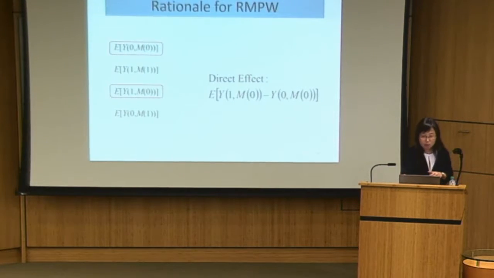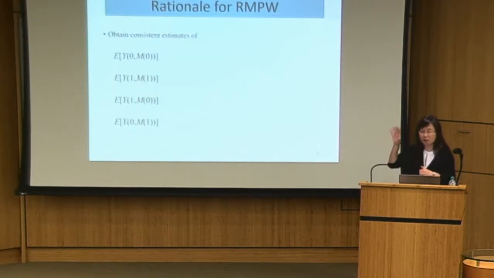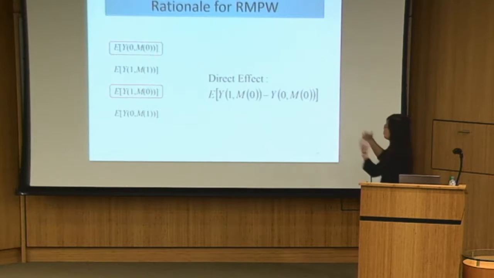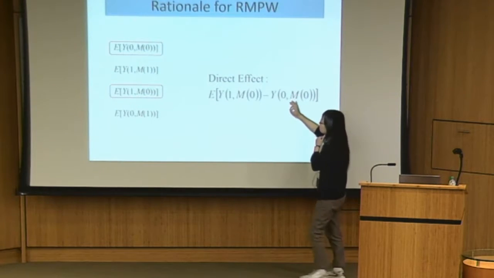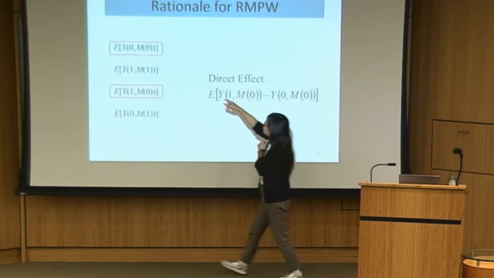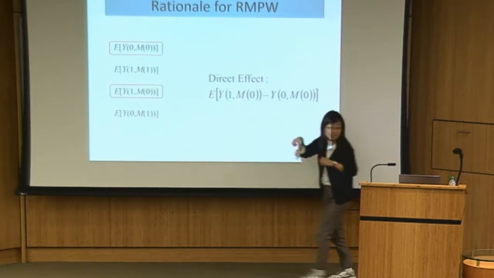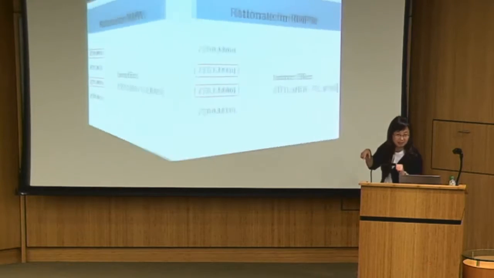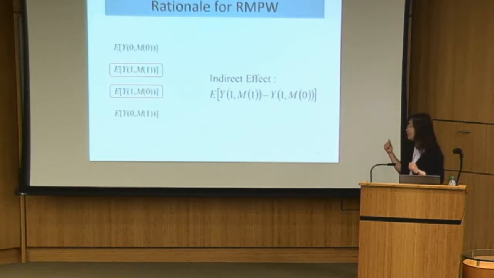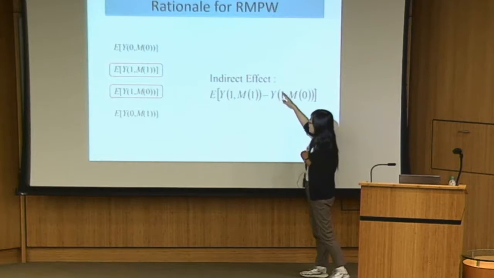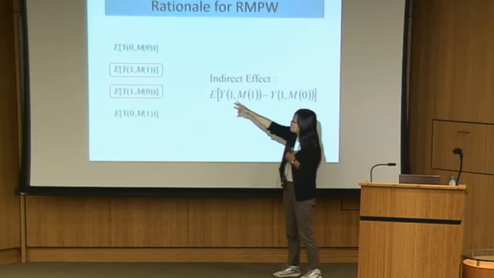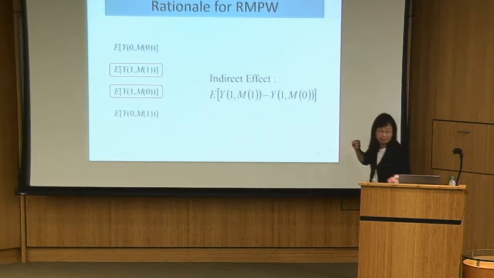The reason we focus on those 4 terms, 4 expectations, is that the direct effect, and we use the term natural direct effect, is the contrast of the first and the third. This is the indirect effect in the conventional term, but in Pearl's terminology, this is the natural indirect effect, a contrast between the 2 middle terms.